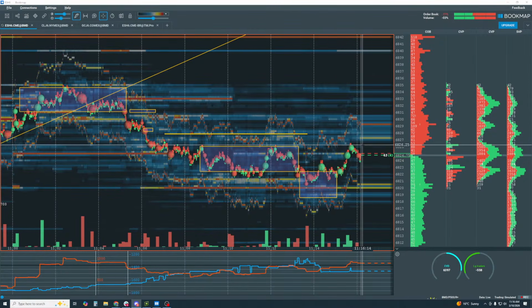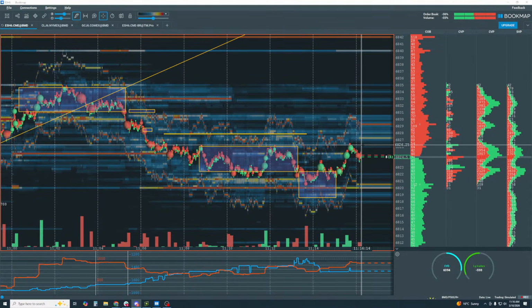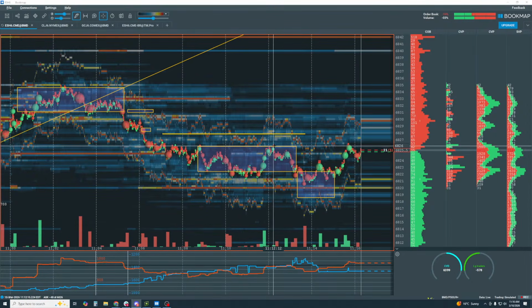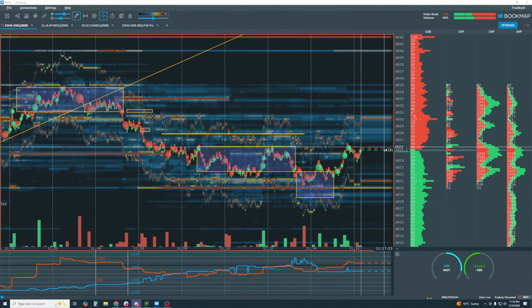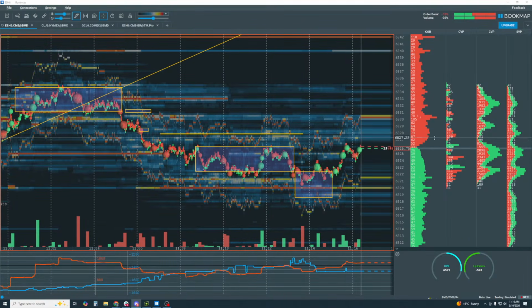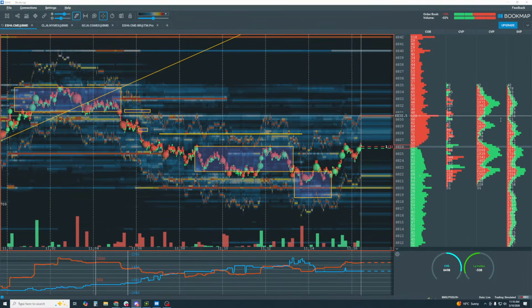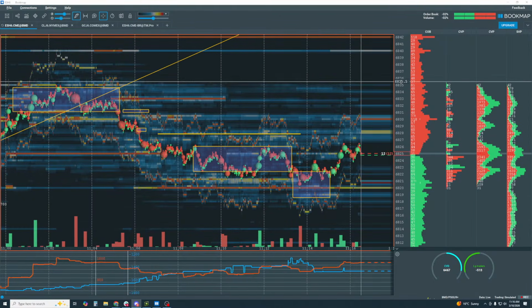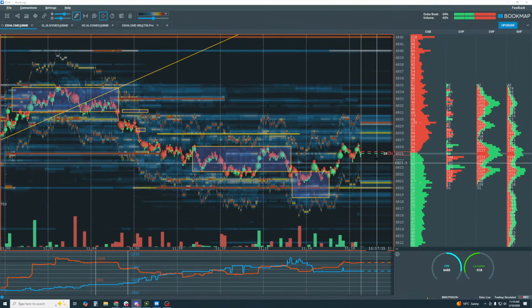But right now it just traded back up to the top of this range here at 26. And now it has the potential to break and come back up into here, hit that low volume node here or here, at 30 or at 27, and then maybe continue to the downside.